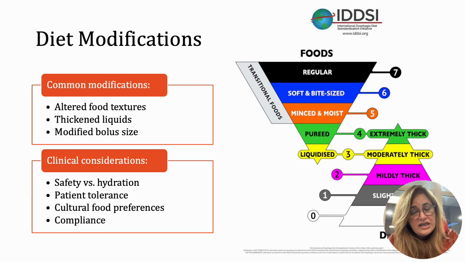Always mention IDDSI. You need to be familiar with the levels, like level 0 and level 7. Those are where you want to have all your clients, in 7 and 0. So if you have a client that you want to be very careful with, or you're going to downgrade their diet, you need to downgrade their diet from a 7 to a 5, and liquids from a 0 to a 3.